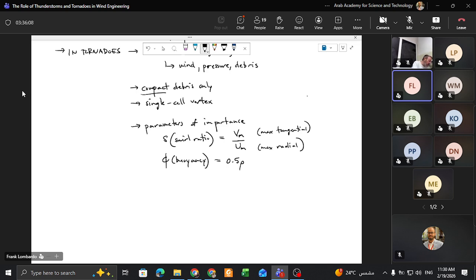So the buoyancy parameter is 1/2 rho A Rm over M times CD. Here M is the mass of the debris, A is the debris area, and Rm, which should be familiar, is the radius of maximum wind.